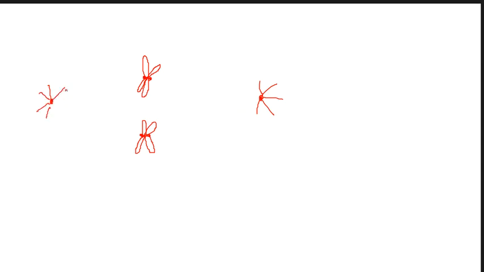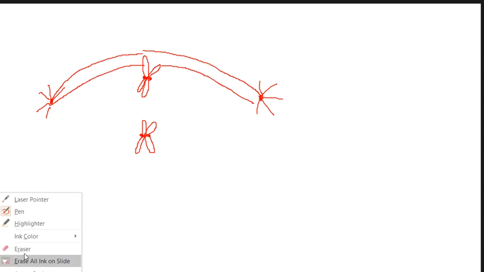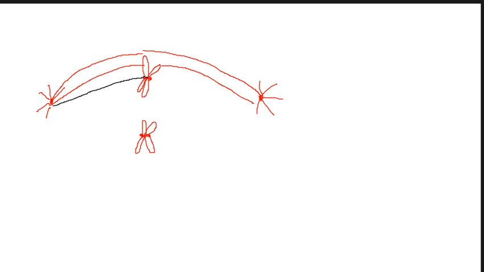These astral fibers are going to form astral microtubules, and the ones going towards the pole are overlapping. And there are some which touch the kinetochore. The one which touches the kinetochore, what was that, guys? Kinetochore microtubule.